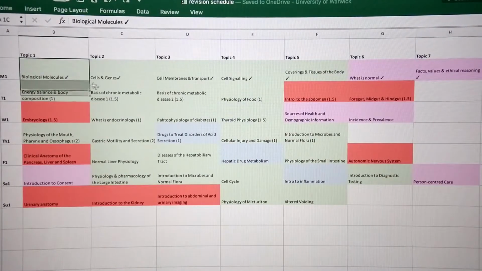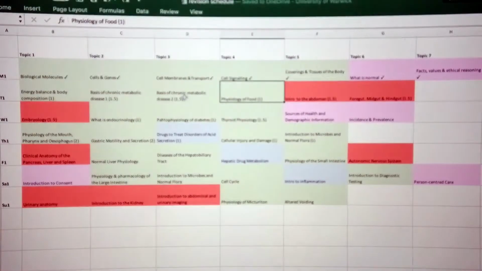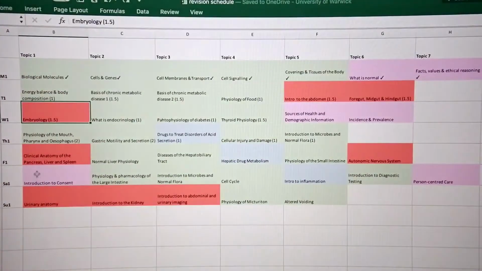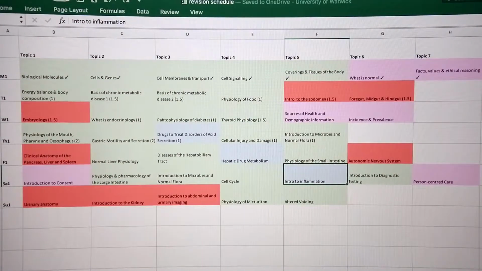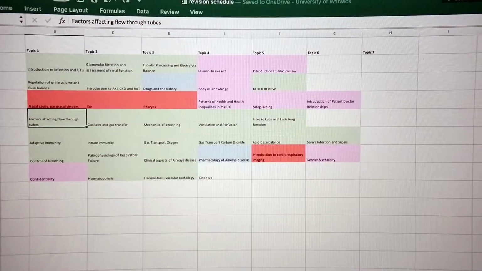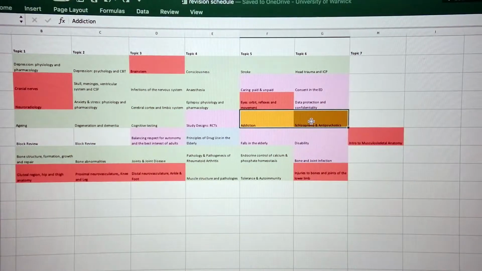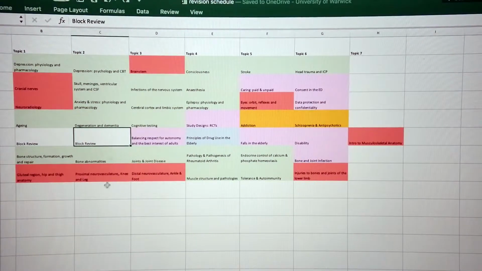You will also notice that these are colour coded, so you've got green, red, pink and blue. And if I go to week 4, there's also orange and there are blank ones.